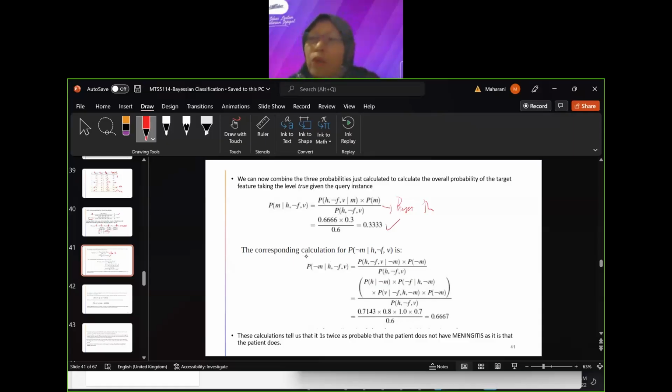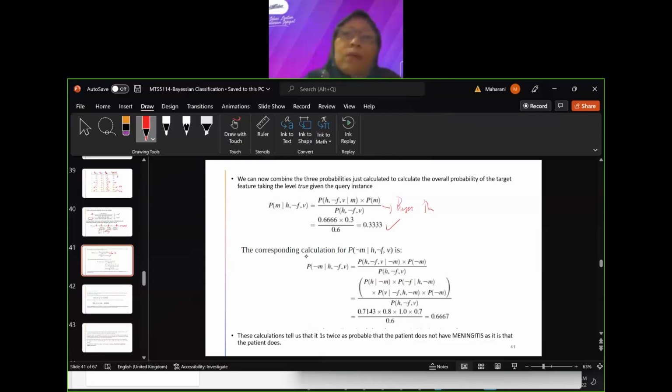The probability of people getting meningitis with symptoms headache and vomiting and no fever is 0.333, which is quite small actually, right? Not really a big chance. On the other hand, because this is the probability of people getting meningitis, we can also find the people who didn't get meningitis, just the opposite.